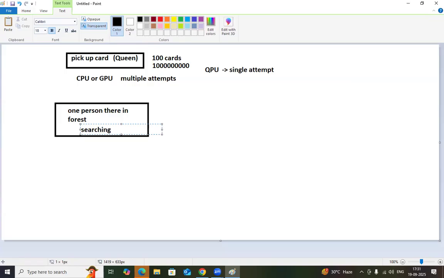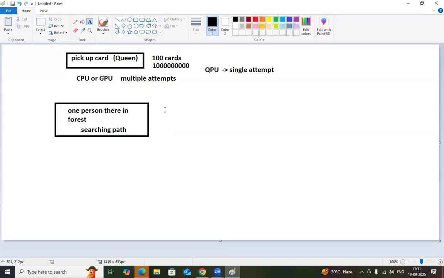I'm talking about general examples, guys. He doesn't know how to go out, so he tries a number of paths, a number of ways. But finally, after 1 day, 2 days, 5 days, after 1 week, he will come out, finding the right path.